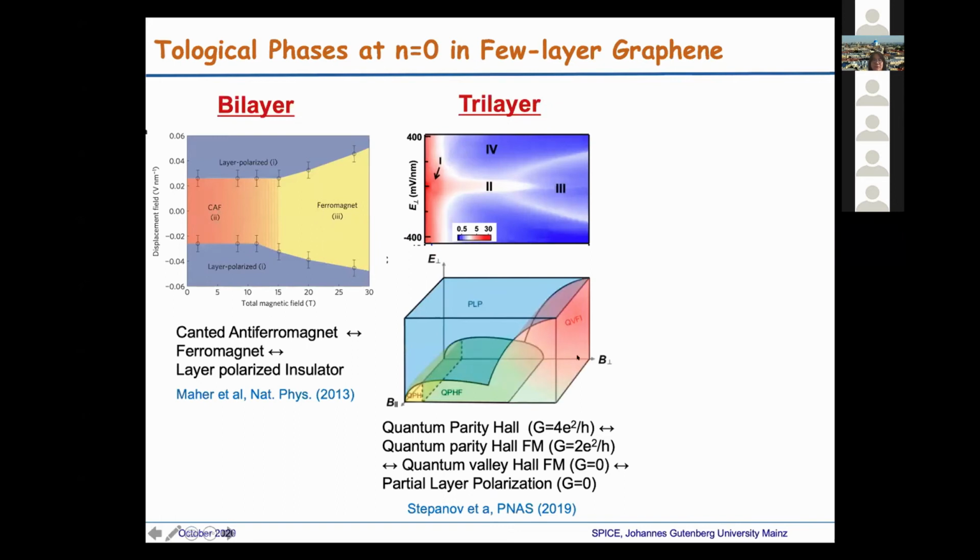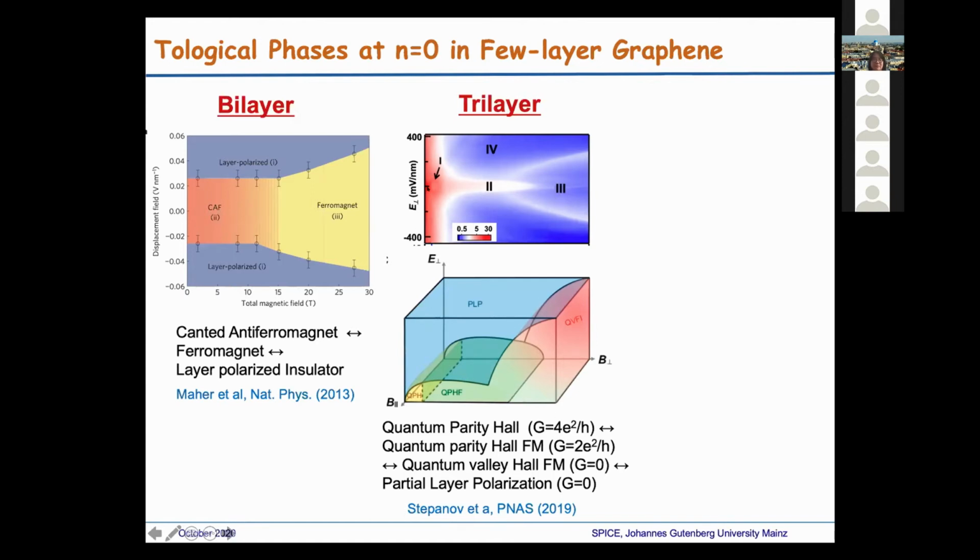So what about thicker graphene, what happens? It turns out the phase diagram actually becomes richer. This is our recent work on A-stacked, so-called stacked trilayer graphene, where we can identify 4 different phases.